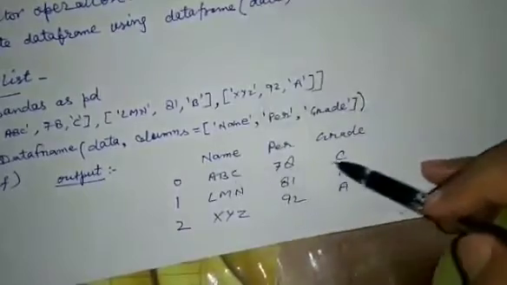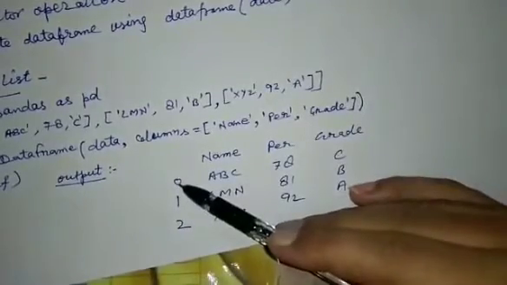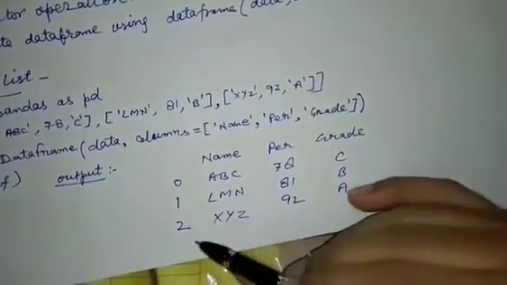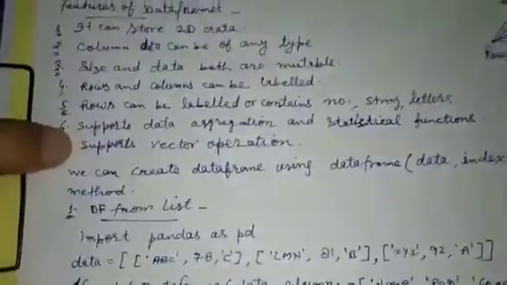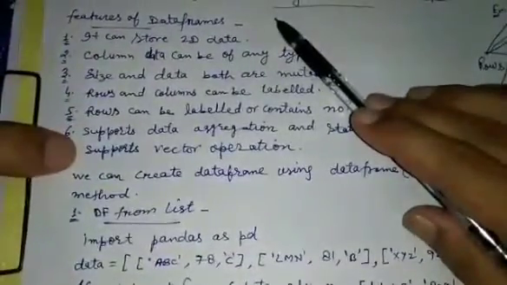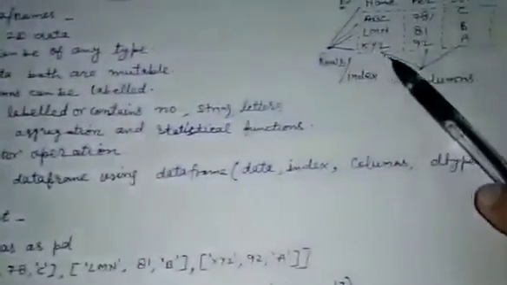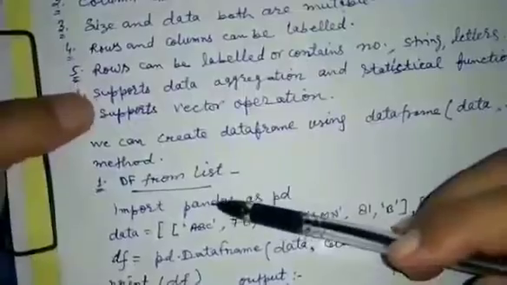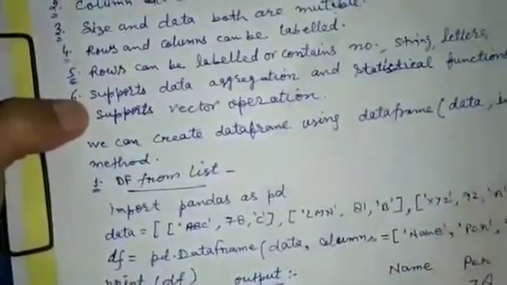So the first row will be identified using index 0, the second by 1 and the third by 2. So till now we have studied what a data frame is, how it looks, what the features of a data frame are, and how to create a data frame from a list.